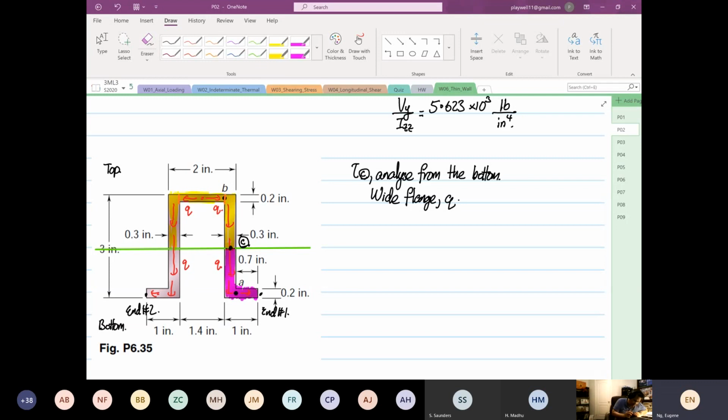Okay, so from here, we will analyze from the bottom white flange. So we have Q at point C will be equal to the Q of the flange plus Q of the web. So the flange width is 0.7, the thickness is 0.2.